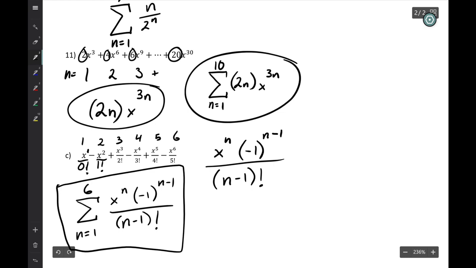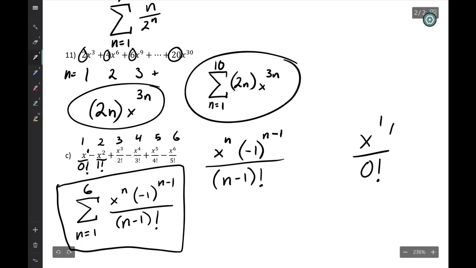Now there's something interesting that you can do with all series. So I like to start at n equals 1 because it keeps everything consistent for me, but you can also start at n equals 0. All right, so let's try that. Let's start at n equals 0 instead. So if I start with n equals 0, well, look at this first term. So I got x to the first divided by 0 factorial.